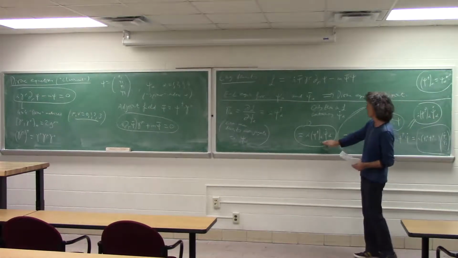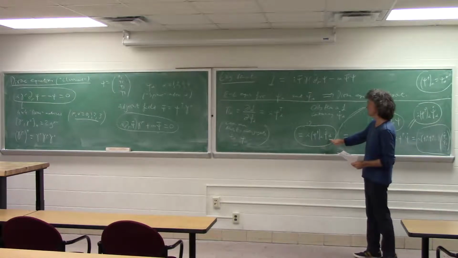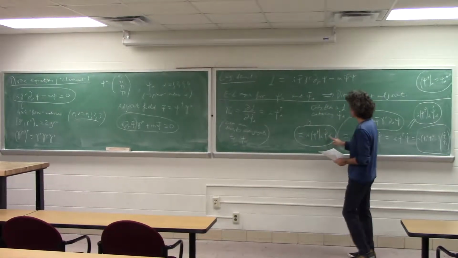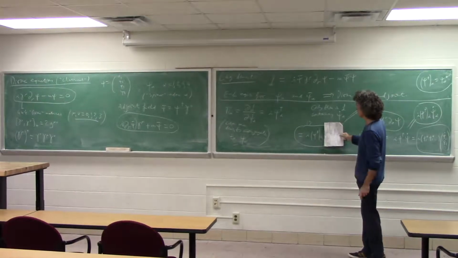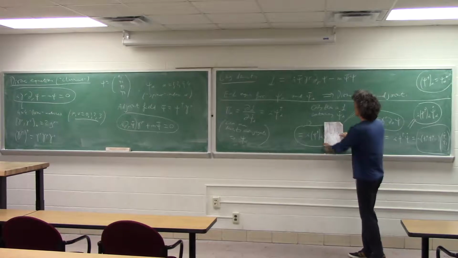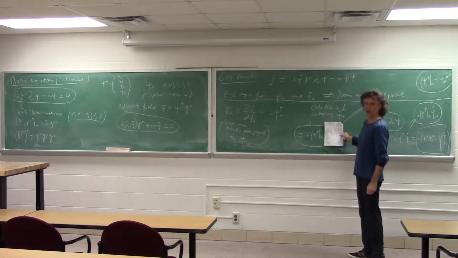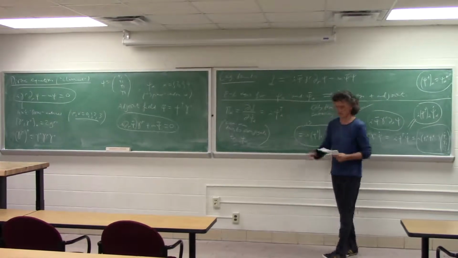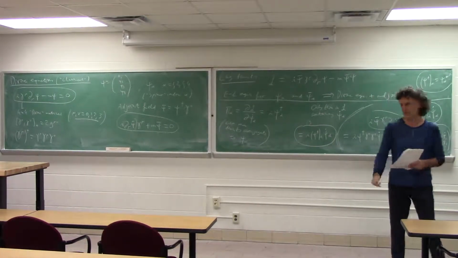This is the term in the Lagrangian density that contains time derivatives. If I now take the partial derivative with respect to psi dot alpha, I'm just left with i, the alpha component of psi dagger, which you just write without the bracket. It's assumed that you know what you're talking about.